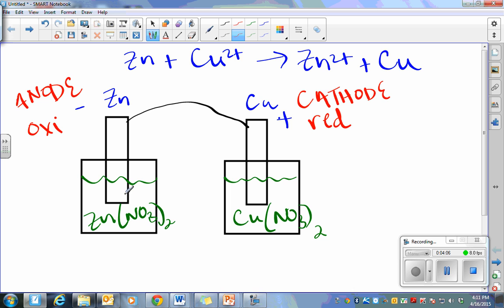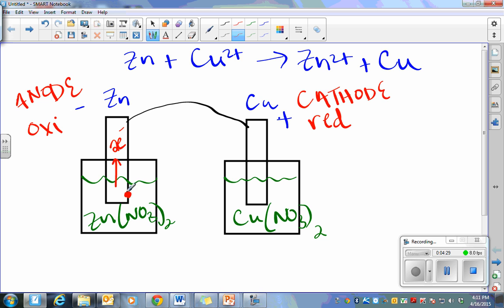Okay, now if we think about this on a molecular level, a zinc atom, I say atom to insinuate that it's neutral, a zinc solid atom, will give up 2 electrons. So it gives up its 2 electrons, goes up the electrode, out through the wire.